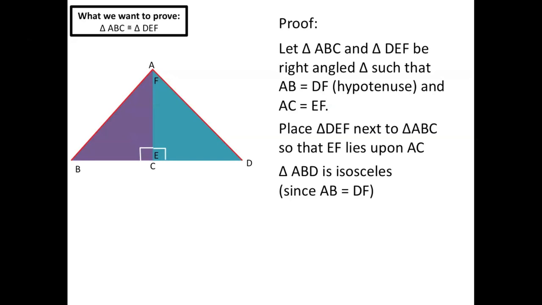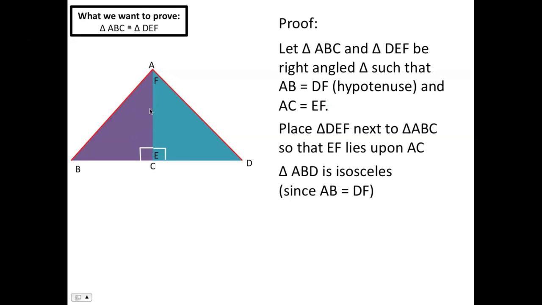Now, because we know that it's an isosceles triangle, that means that line AC is the altitude of triangle ABD, since it forms two right angles along it. We see that since there's two right angles here, that means this line is perpendicular, forming the altitude or the height line of triangle ABD.